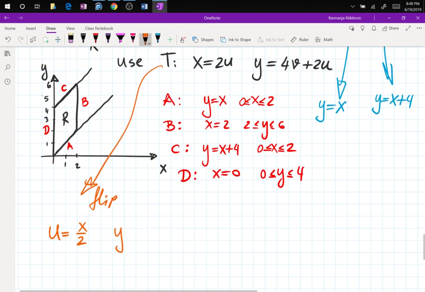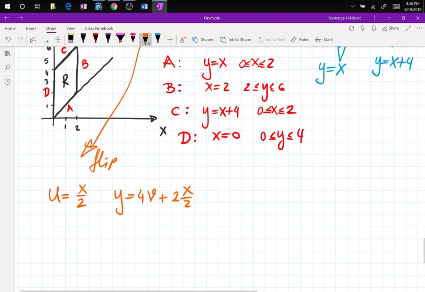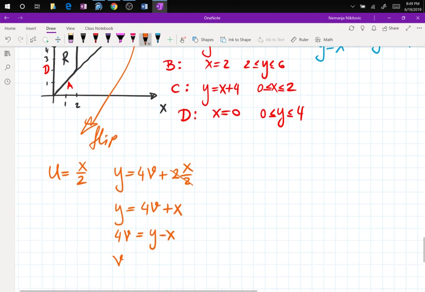So now I have that y is equal to 4v plus 2 times u, and u is x over 2. So we will calculate v from here. The 2's cancel. So y is equal to 4v plus x, from where 4v is equal to y minus x, and finally v equals y minus x over 4.